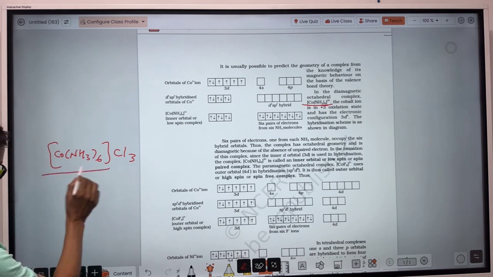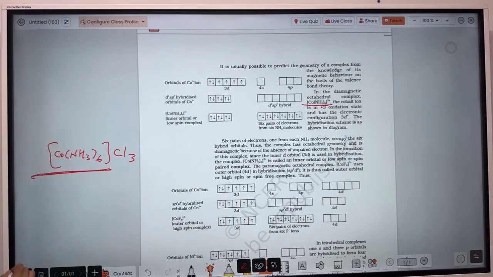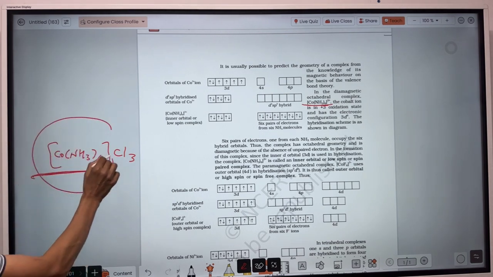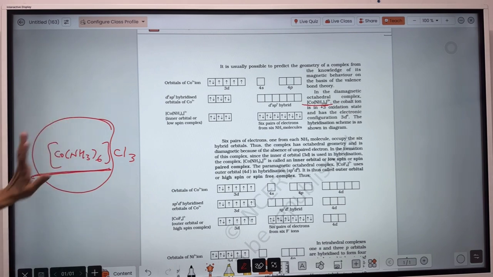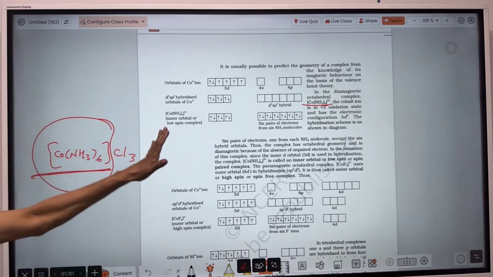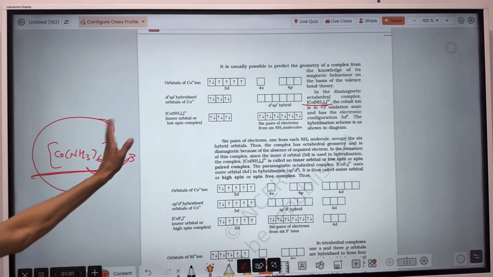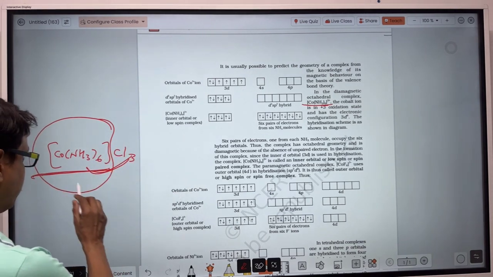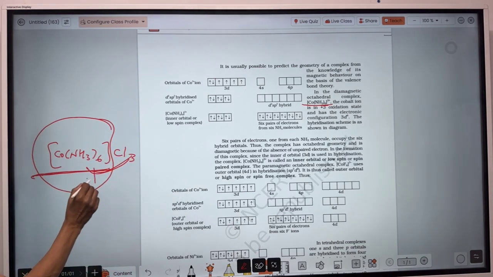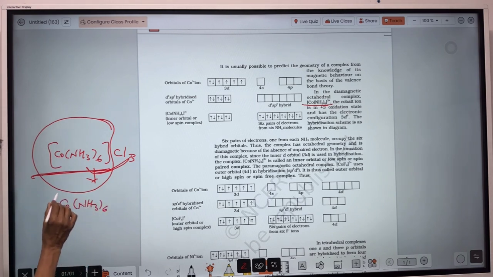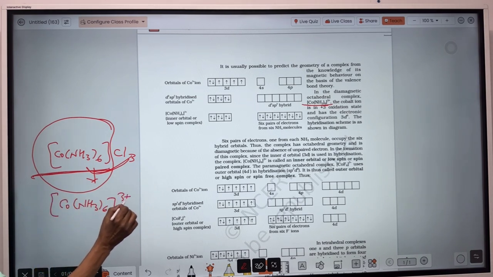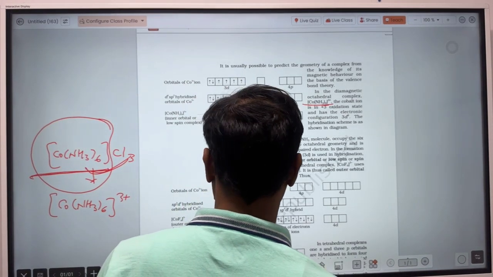But to predict the shape, only this bond is covalent. So this coordination sphere has the role in predicting the shape, because the outer bonding will be ionic bonding. So when that has been dissociated, it becomes [Co(NH3)6]3+ and 3 plus charge. We will have to discuss the bonding in that.